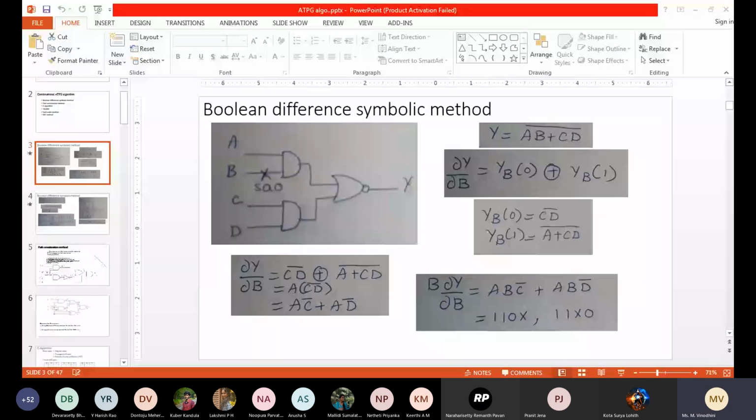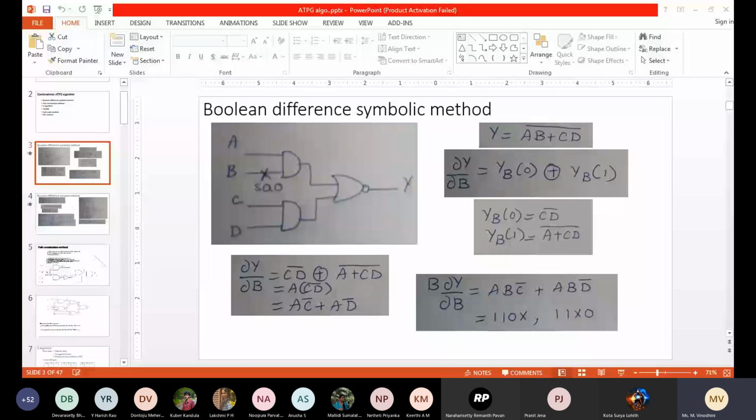Only faults at the primary inputs are testable. Only for those faults can I get the test vector. If the fault is present at the output, at any other fan out branch, or at any other intermediate points, using this algorithm I cannot get the test vector for those faults.